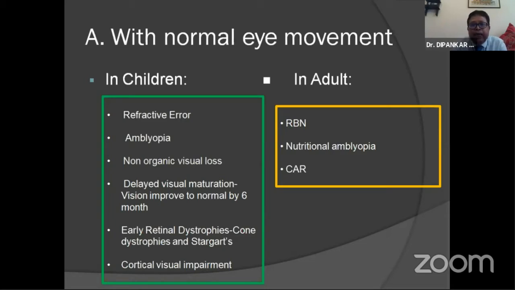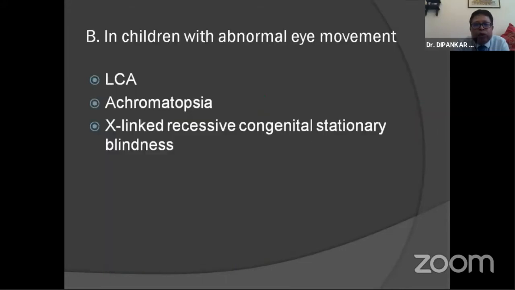And in adults, as some of my previous speakers have shown, retrobulbar neuritis with pulse imaging and other visual field changes, nutritional amblyopia, and paraneoplastic disease, either cancer-associated retinopathy or melanoma-associated retinopathy, can pose low vision with a normal fundus. In children with abnormal eye movement, a different scenario, Leber congenital amaurosis can present.